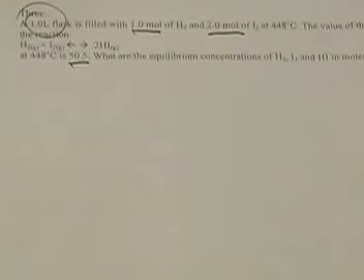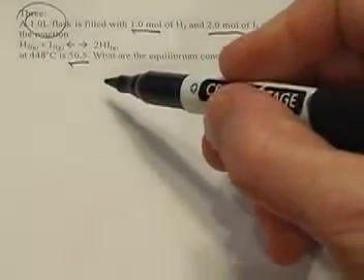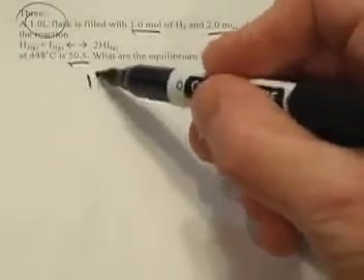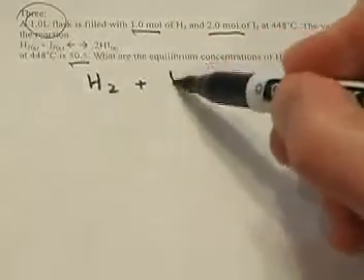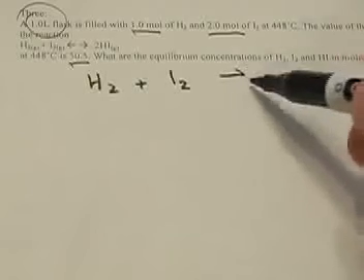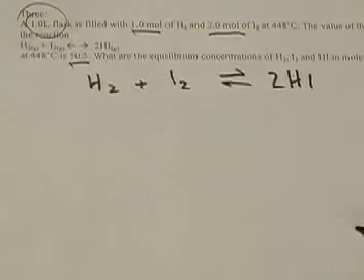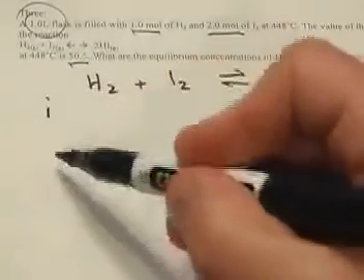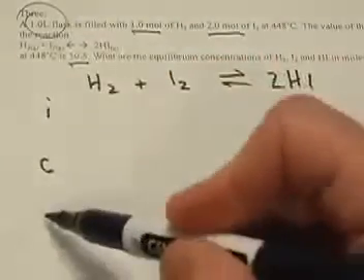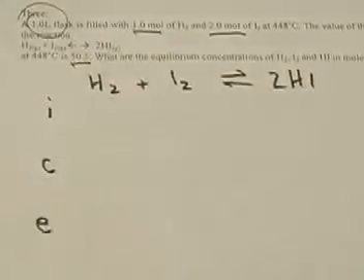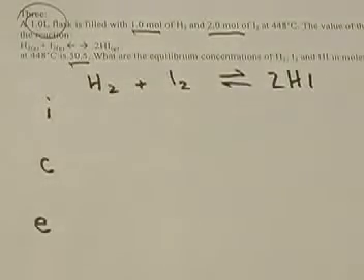So it's 1 molar in H2 and 2 molar in I2. The next step is to write the equation H2 plus I2 goes to 2HI, and set up a table: initial, change, equilibrium, and fill in what you know.